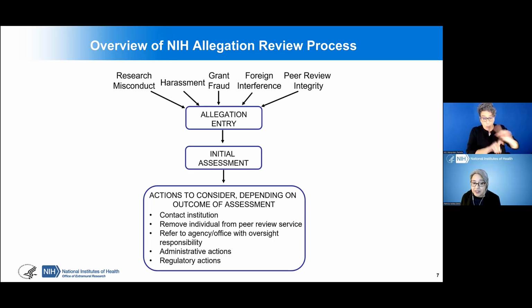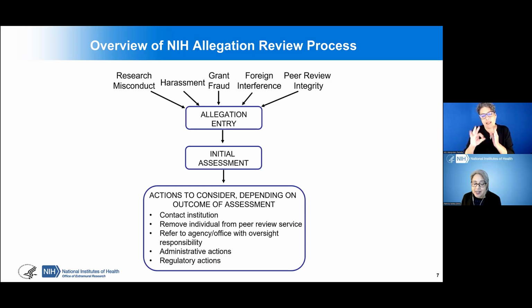We might remove an individual from serving in peer review. And we might refer the allegation to an agency or office with oversight responsibility. For instance, if we are assessing a research misconduct allegation and it looks like it's specific, credible, and involves NIH funding as research misconduct, then we'll make a referral over to Ranjini's office, the Office of Research Integrity.